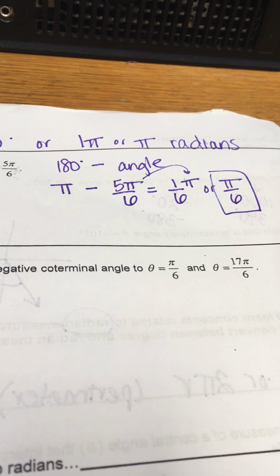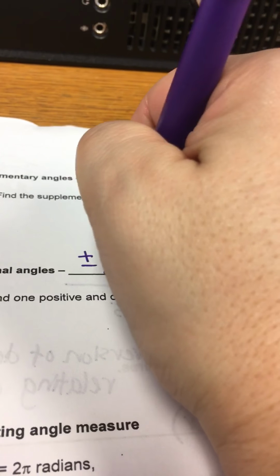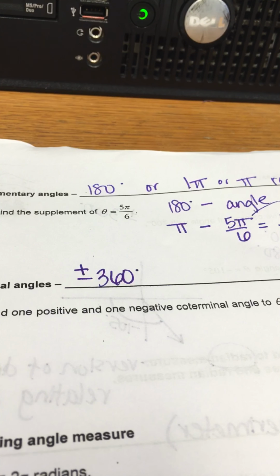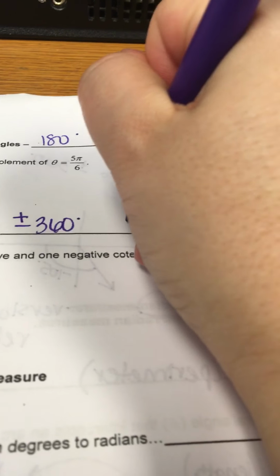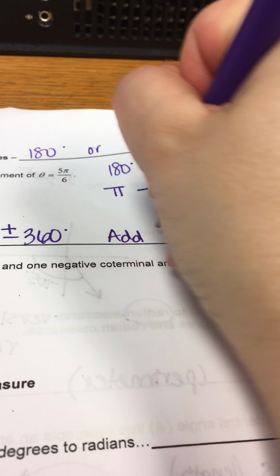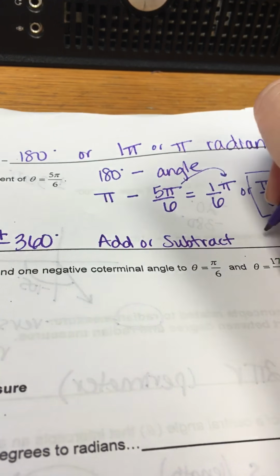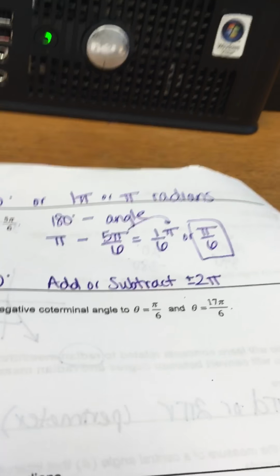Alright, coterminal angles. So yesterday we were doing them where we add and subtract 360. So if we want them in degrees, we add and subtract 360 to get a positive one, or we subtract until we get a negative one. So in this case, we're going to add or subtract a full circle in radians, 2 pi. So it's plus or minus 2 pi.